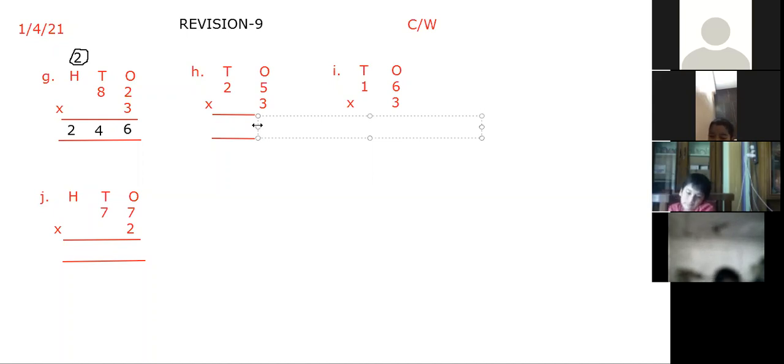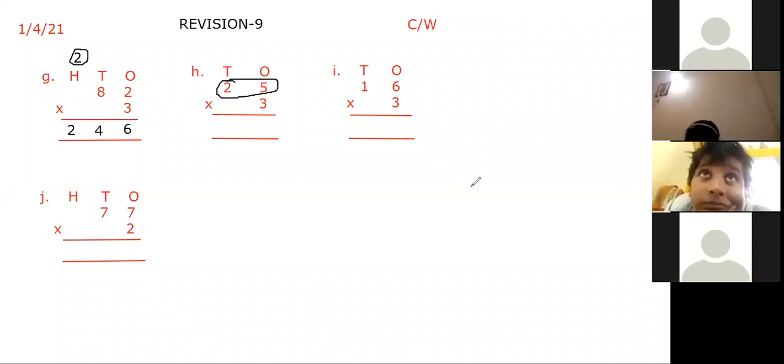This is not hundreds, tens, and ones. First of all, we are in tens and ones place only. I hope it's visible. This is 25. So how will you read 25? 25. Yes. So why are you saying 253, Priyansika?